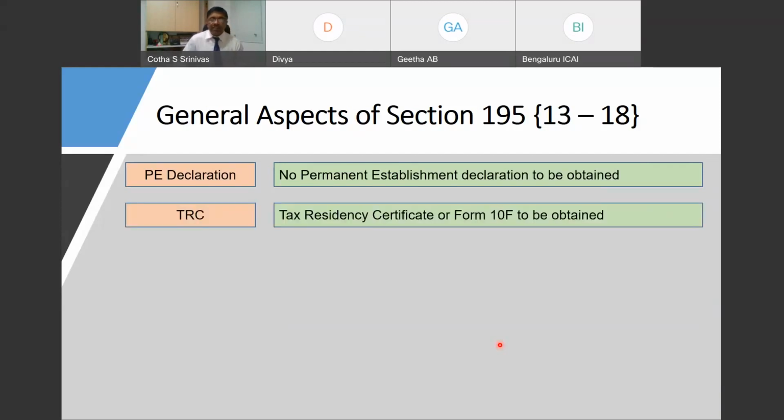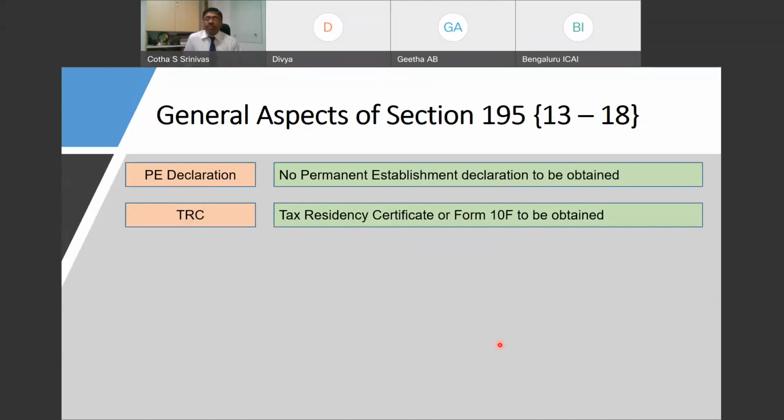Then the TRC. TRC means tax residency certificate, or Form 10F, to be obtained. So whenever you are dealing with a non-resident, you should get his tax residency certificate. So where is his tax residency? Whether in country A, country B, country C, because a person may be having businesses across more than one country. So we should ascertain where he is the tax resident. So we have to get a tax residency certificate.